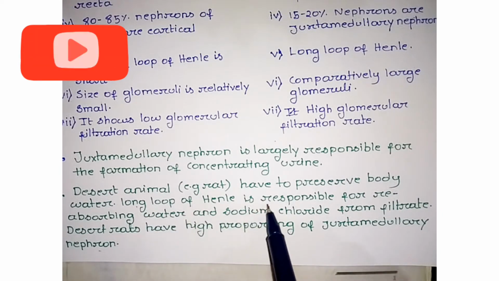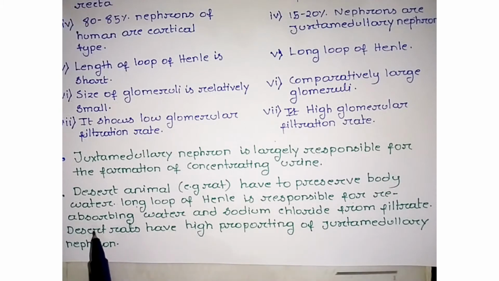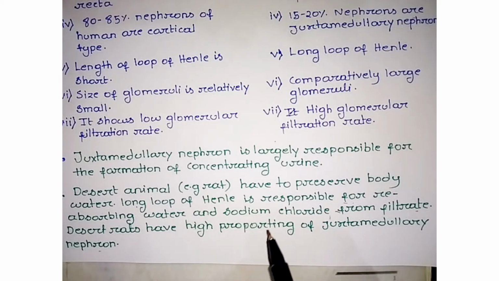Long loop of Henle is responsible for reabsorbing water and sodium chloride from the filtrate. So what is the role of the loop of Henle? Loop of Henle reabsorbs water from the filtrate into the interstitial fluid, and sodium chloride from the filtrate.